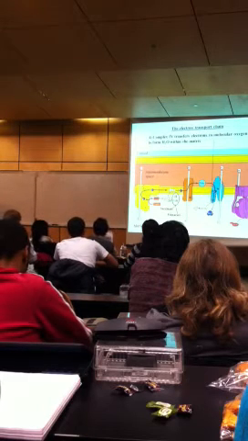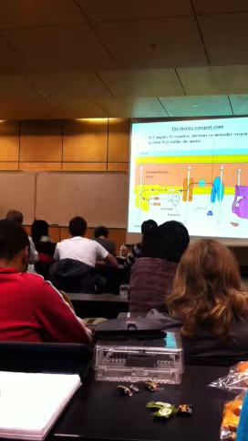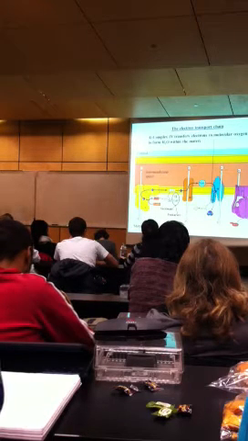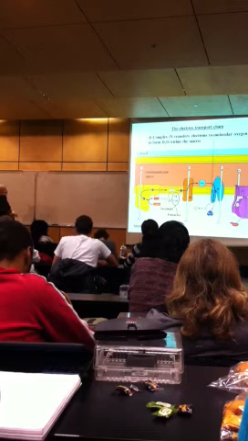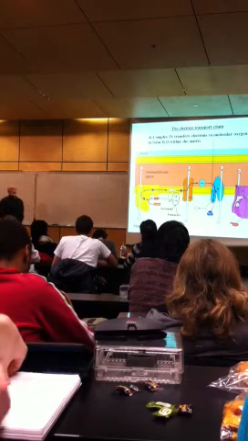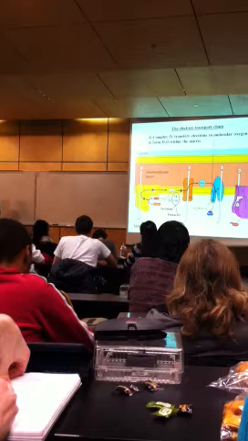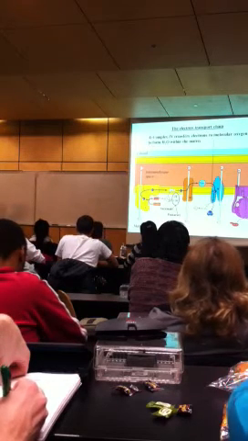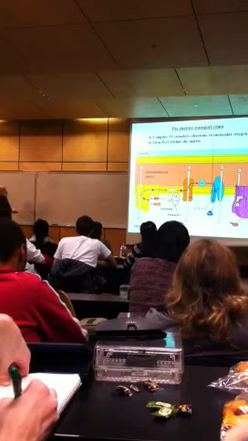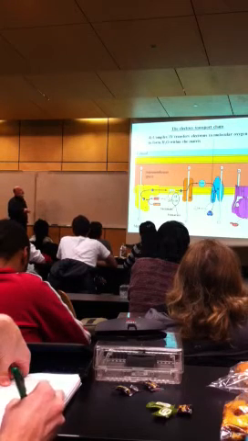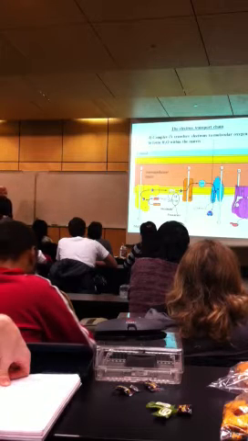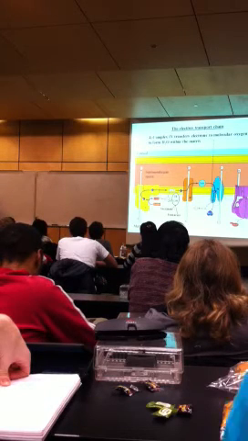Finally, complex 4 transfers these 2 electrons to molecular oxygen, and in doing so produces a molecule of water. Because it does a very specific chemical reaction, it transfers electrons to molecular oxygen and oxidizes cytochrome C, it's called cytochrome C oxidase.